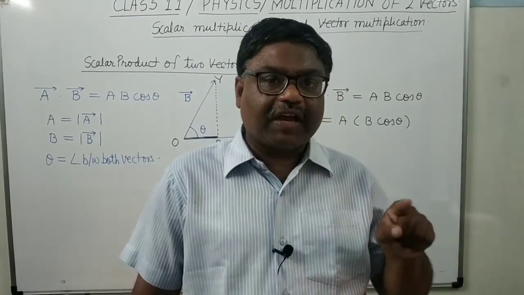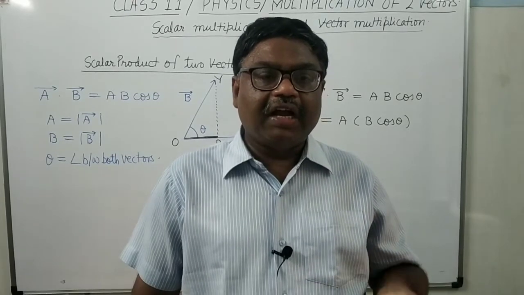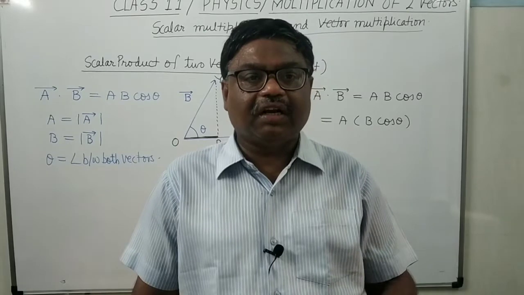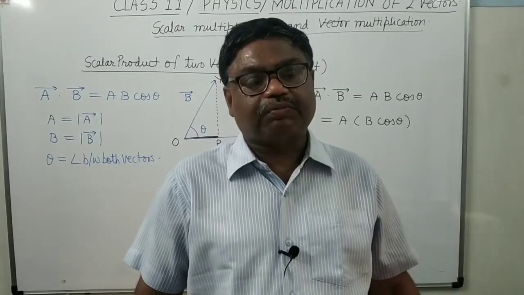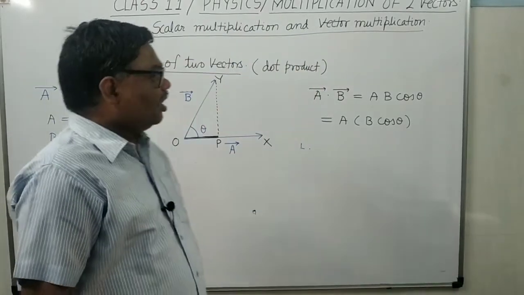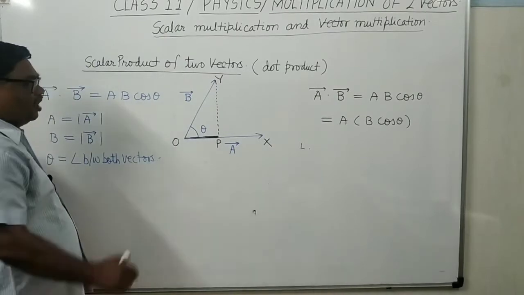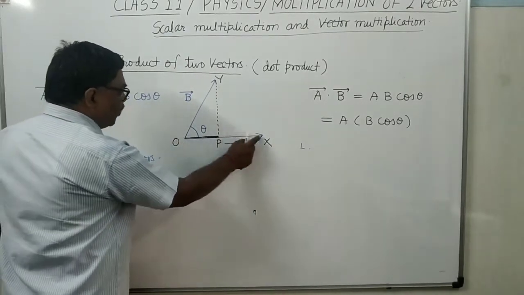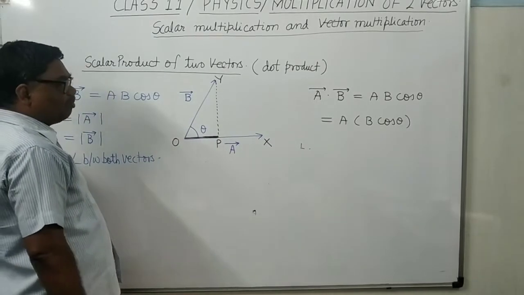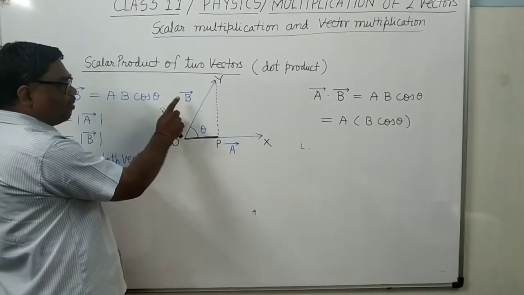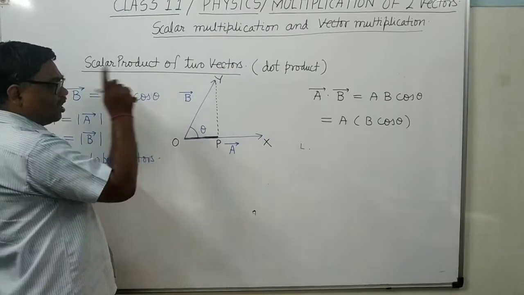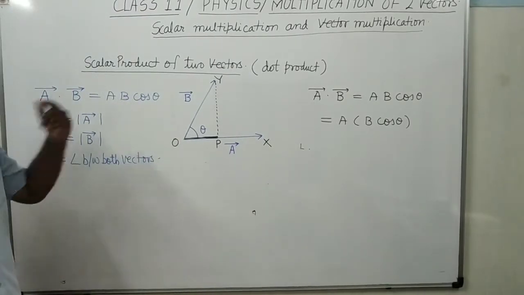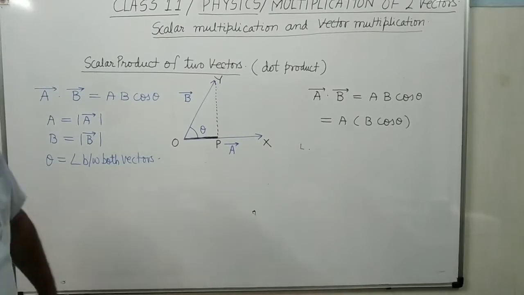You take the magnitude of one vector and find the magnitude of the component of the other vector in the direction of the first vector. So vector A dot vector B is equal to the magnitude of vector A multiplied by the magnitude of the component of vector B along the direction of vector A. It's clear?